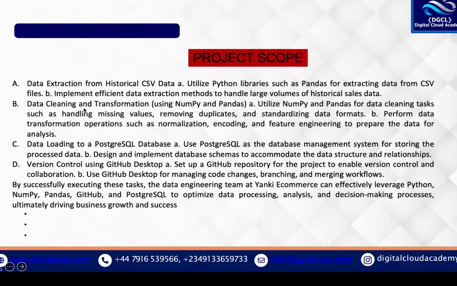Data cleaning and transformation using NumPy and pandas: utilize them for tasks such as handling missing values and removing duplicates. And we load into Postgres SQL: use Postgres as the database management system for storing the processed data, and design and implement a database schema to accommodate the data structure and relationships. So that's it.